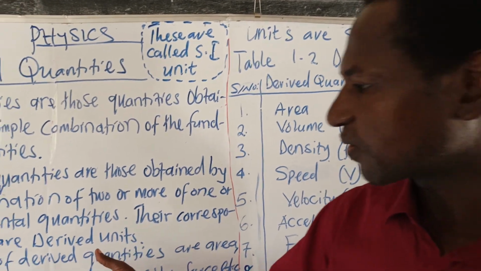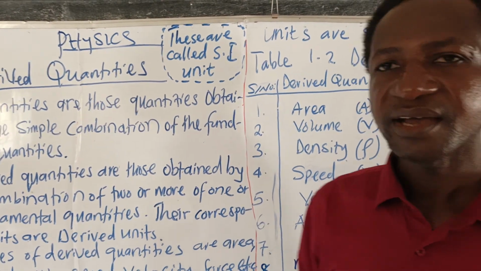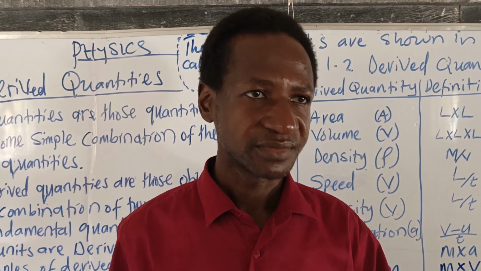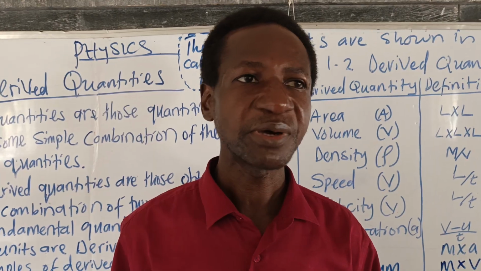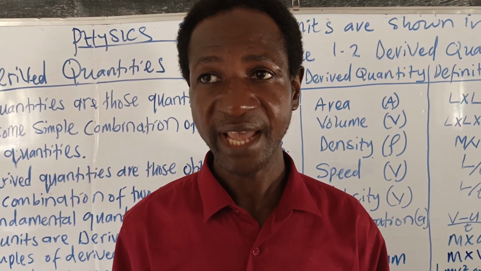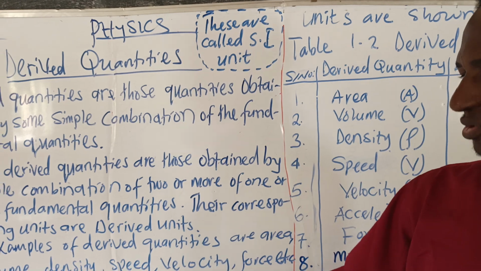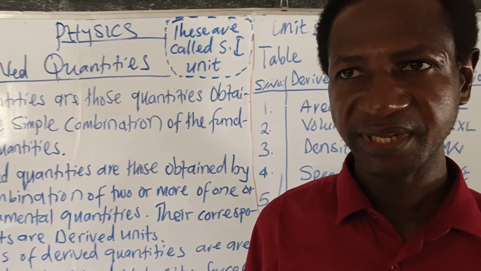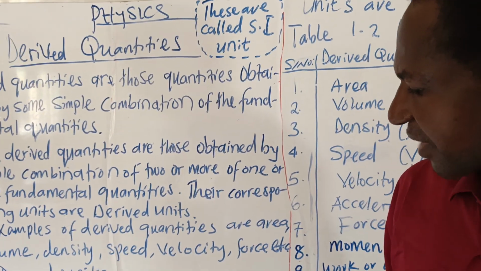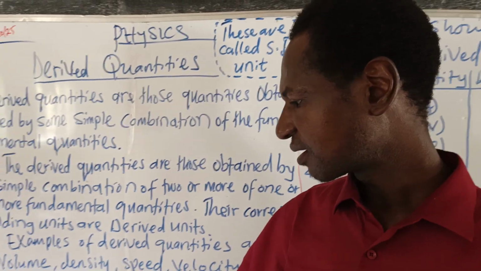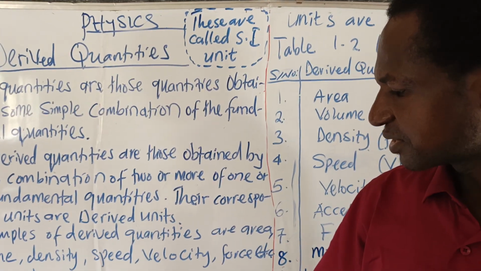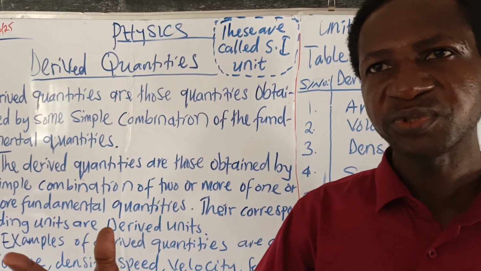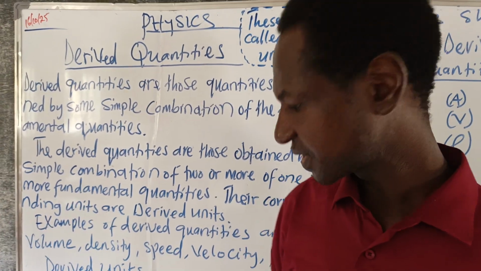Examples of the derived quantities are area, volume, density, acceleration, momentum, and so on. There are many. Derived units can be formed by combining fundamental units I have explained earlier. By simply combining the basic fundamental units, we can easily obtain other useful units. These units are called the derived units.